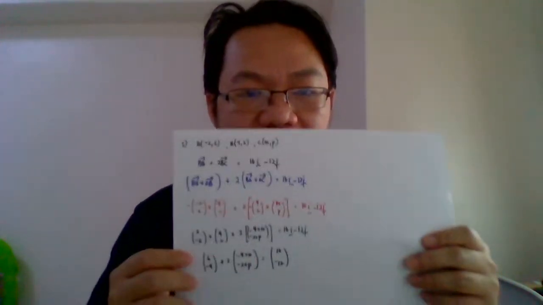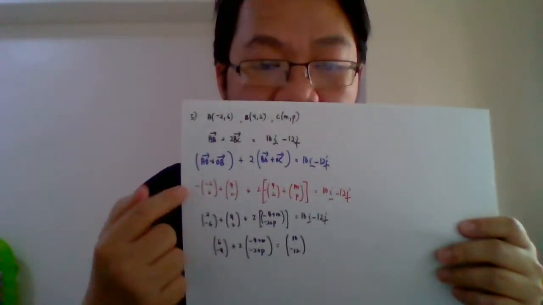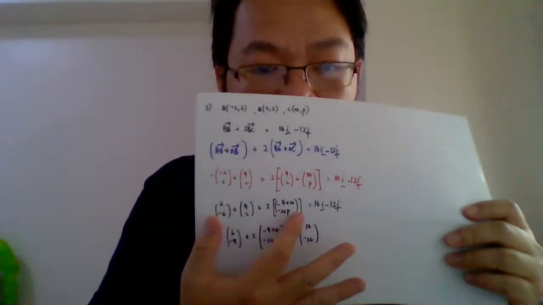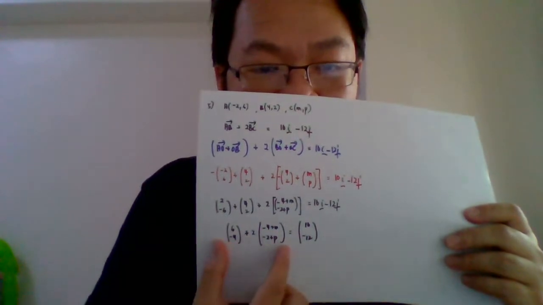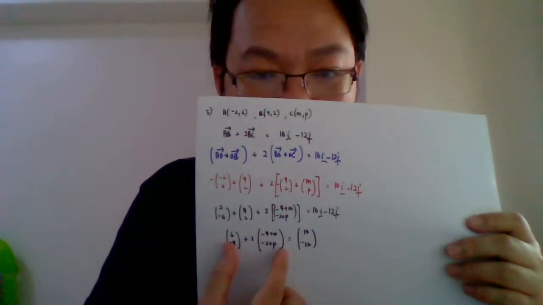Okay, this is what I will get after I simplify my left and right side. Okay, you see here, my left side, I simplify, it becomes this one.